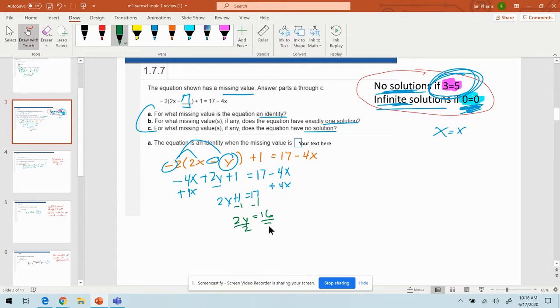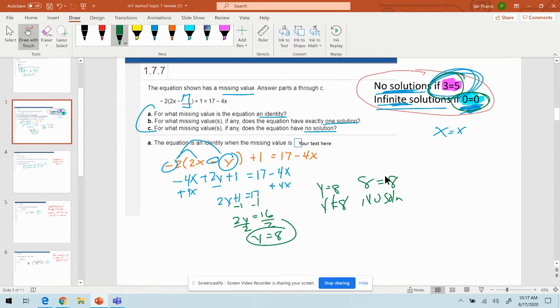Divide by 2, and we get y equals 8. Now, that means if y was the number 8, you'd end up right here with an identity. 8 equals 8. And that would mean infinite solutions. If y is anything other than 8, you're going to get something that's impossible, and you have no solutions.